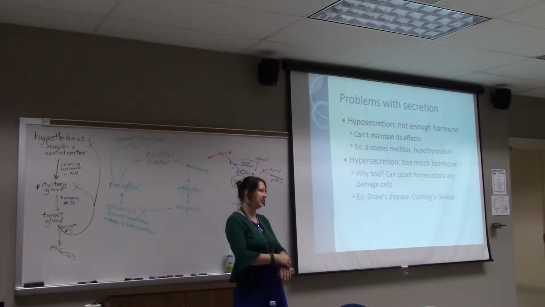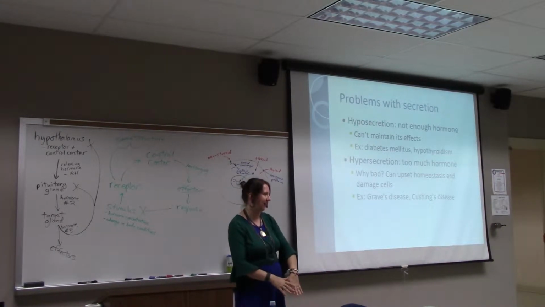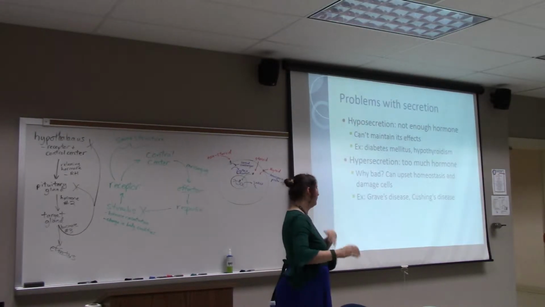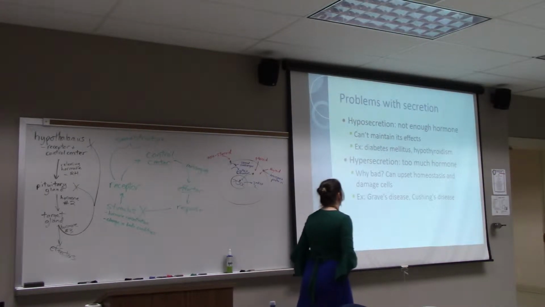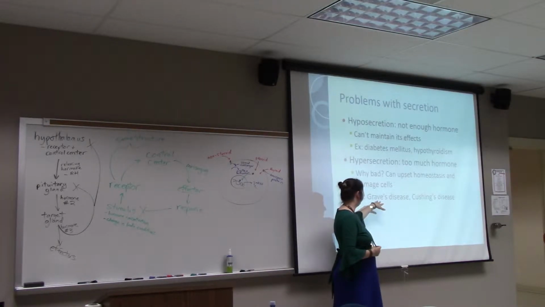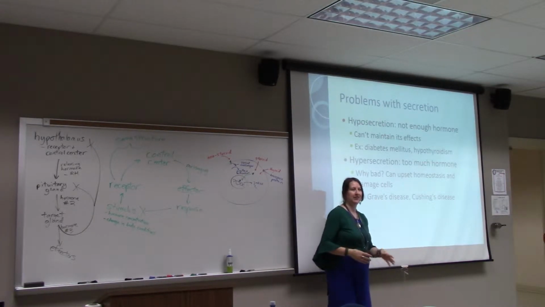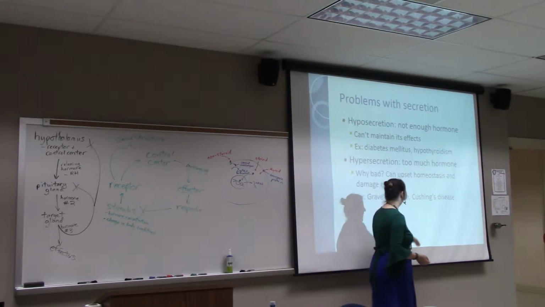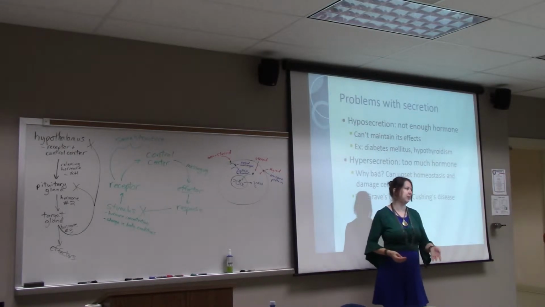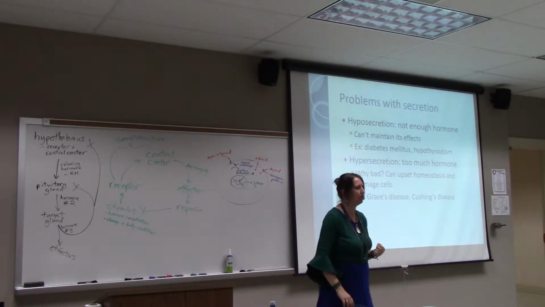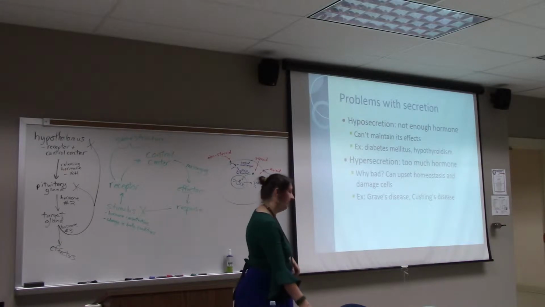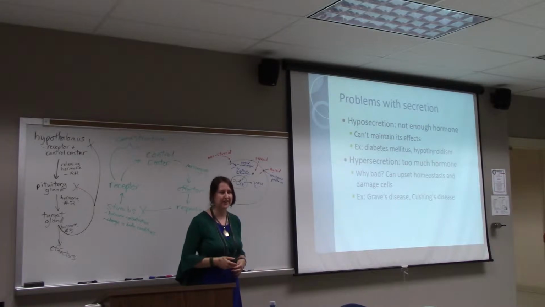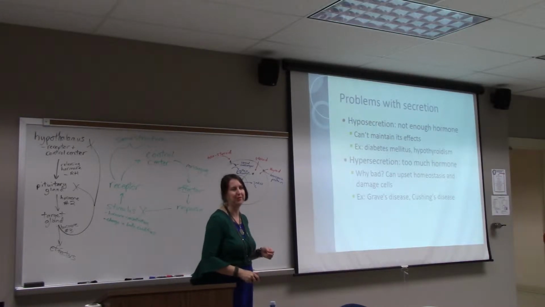If you had too much insulin, your blood glucose would go down too low, and then you wouldn't have enough energy getting to your cells in general. 2 examples are Graves' disease, which stimulates too much thyroid hormone, and Cushing's disease, which is too much of a steroid hormone called cortisol. There's a lot of different hypo and hypersecretion disorders out there, and any of those would be good for a research paper if you wanted to do one.